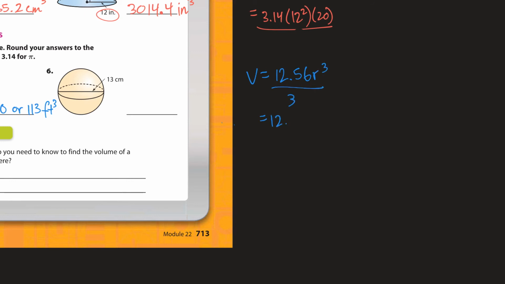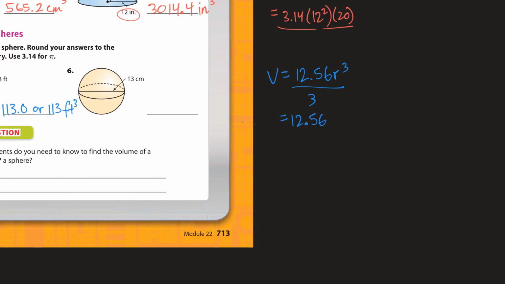So it's 12.56. And the radius, what is the radius? Well, if the whole thing's 13, then the radius is half that, which is 6.5. So that's going to be times 6.5 to the third power, all divided by 3.